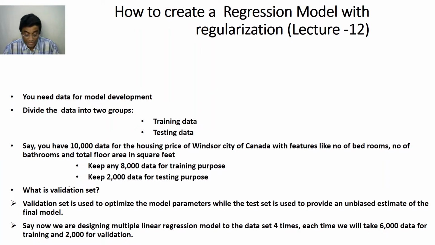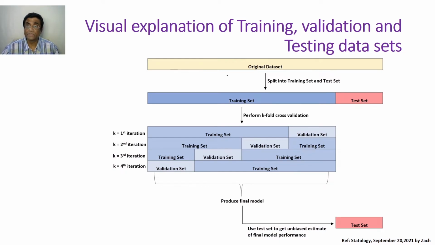Now, we actually also need to keep a validation set out of the training data. Why we need to do that, I will try to explain using this simple diagram. Say this is my original data set, and we have split it into two parts. The training set is again subdivided into two parts, training and validation set.